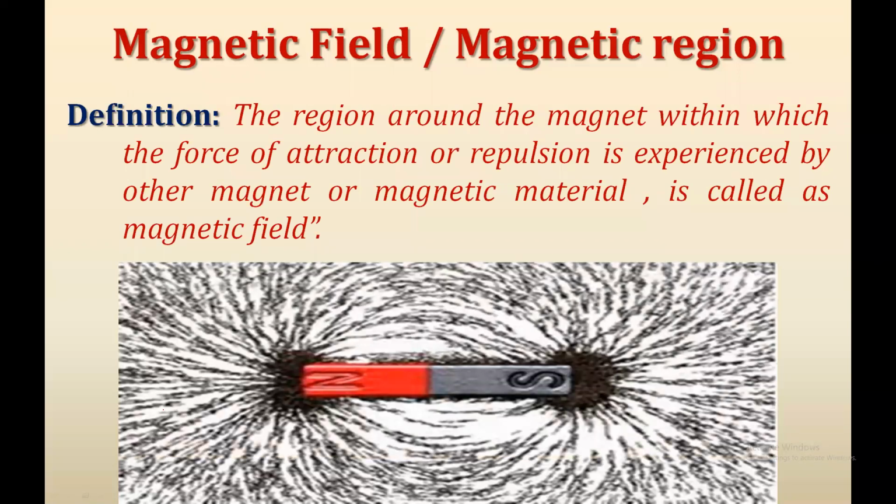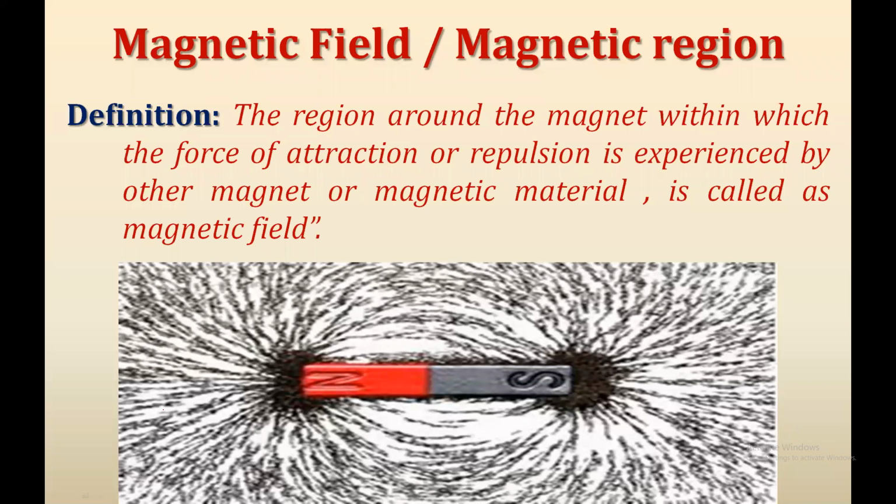This is the definition of a magnetic field, or magnetic region. The region around the magnet, because the magnetic field is always around the magnet, within which the force of attraction or repulsion is experienced by another magnet or magnetic material is called the magnetic field.